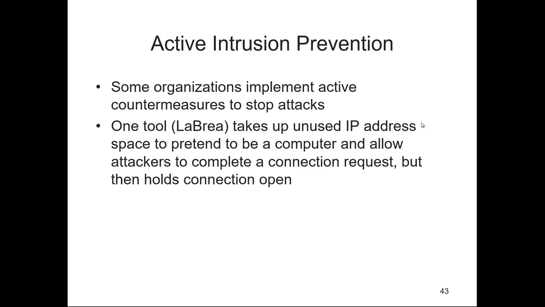The tool will allow the attacker to complete the connection request but then hold the connection open but inactive, allowing the system time to notify administrators about the anomalous behavior on the network. And again, they don't need to react, but that will help at least the administrators to block the critical systems and block the network from any attacks.